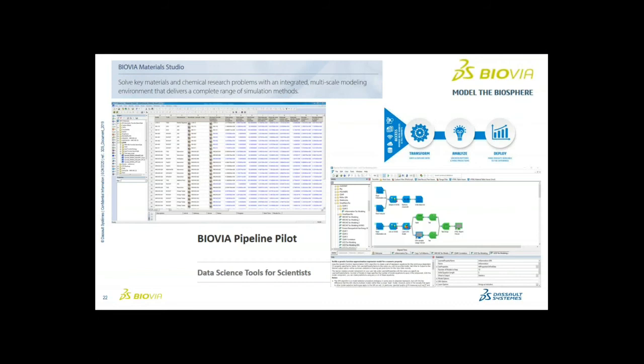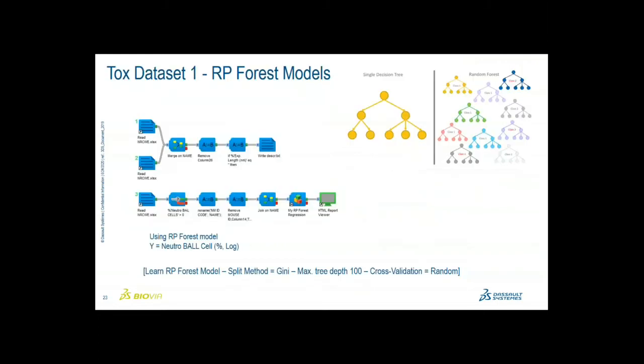In terms of tools, we use the Material Studio package for the building of the molecular model and some of the GFA SARs, and we use Pipeline Pilot tools for the automating of the QSAR study using the RP4S.